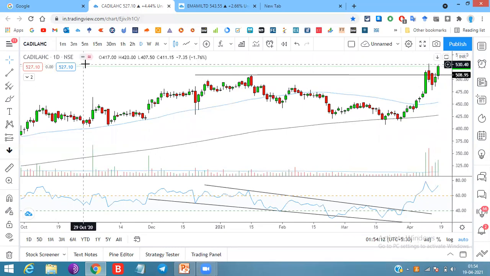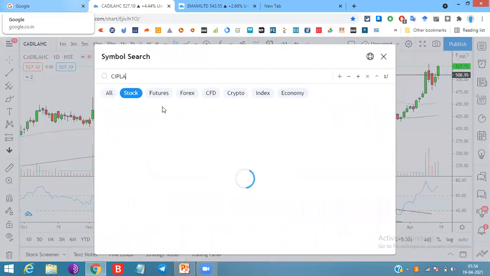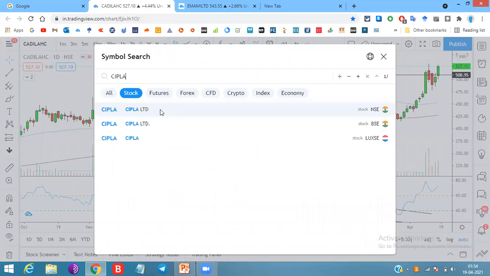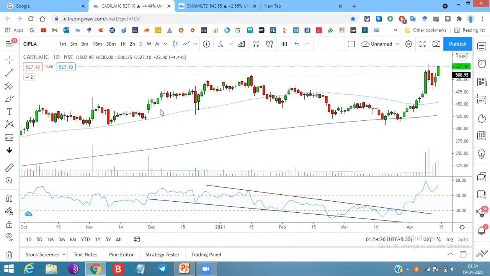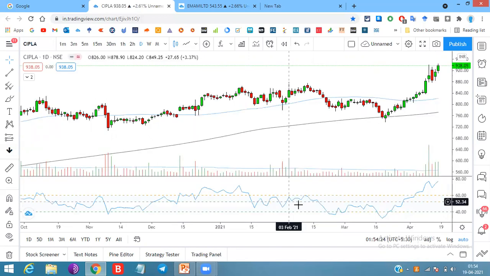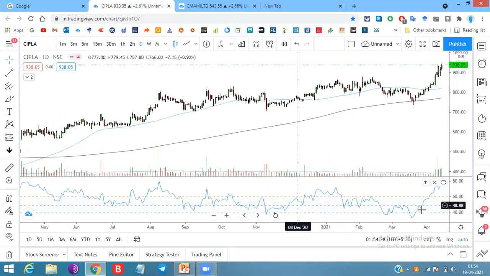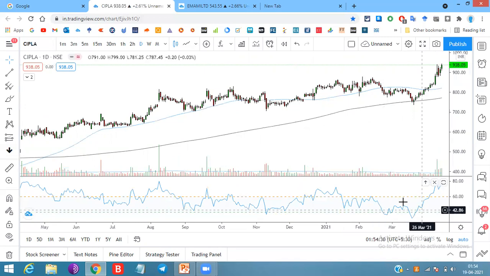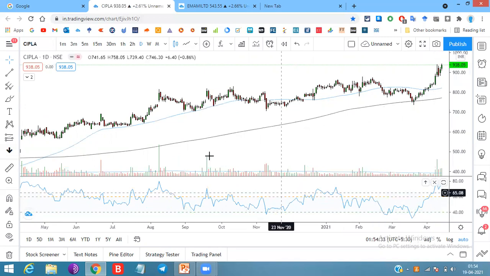Now Cipla. So in Cipla too, there is something similar to Cadila. There is a vertical take off sort of movement.